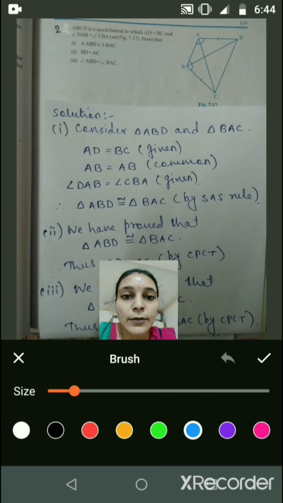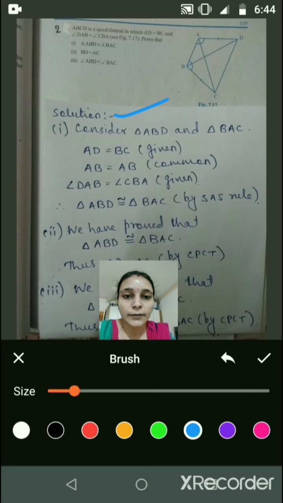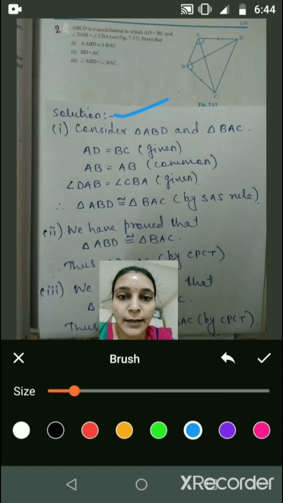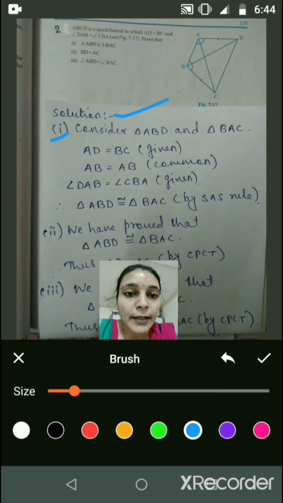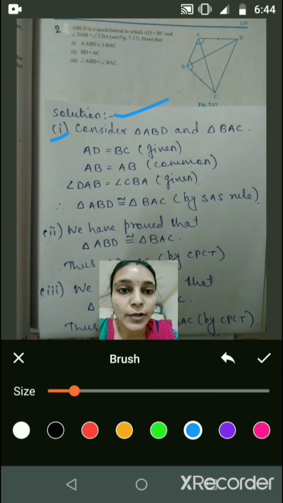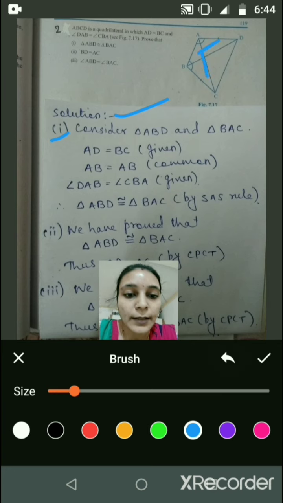Let us see the solution. Consider the triangles ABD and BAC. एक तो ये triangle पूरा और दूसरा ये triangle. Can you say AD is equal to BC?